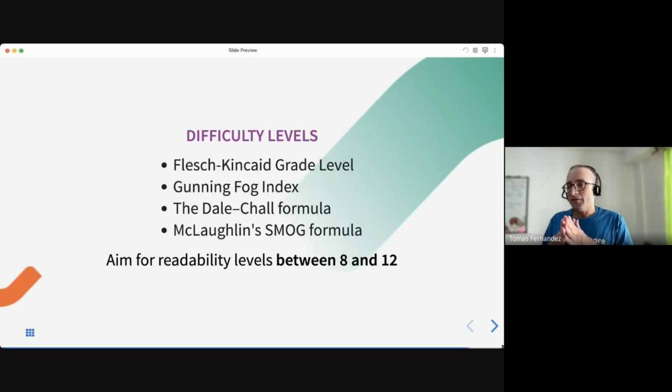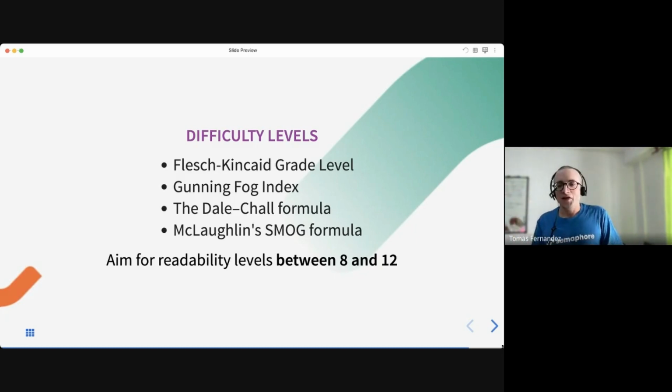The other thing that I think is important to keep in mind, before sending your draft for correction, is to do a difficulty level test. There are many formulas to calculate how easy or hard a text is to read, and usually they link the result to a level in school. So you have an 8 level text, a 12 level text.